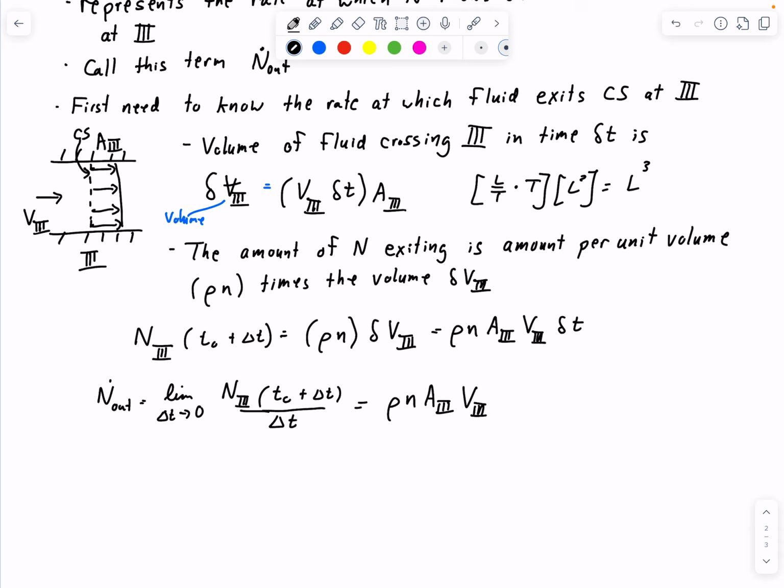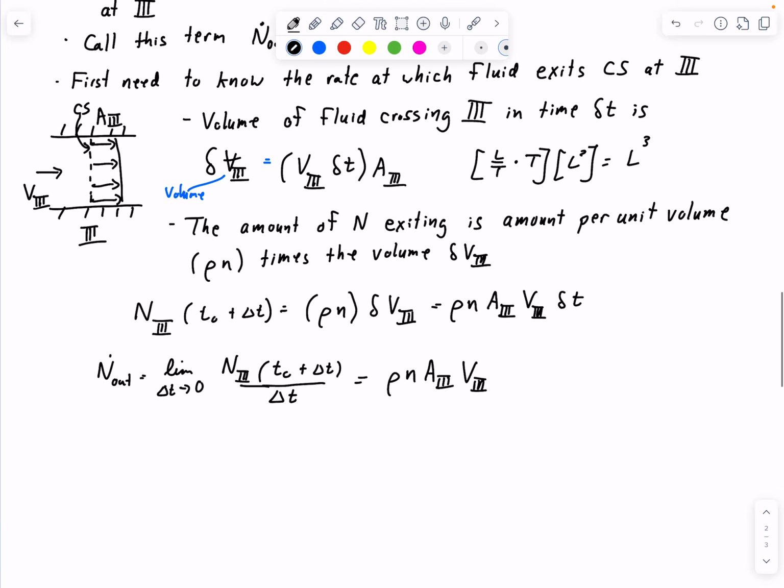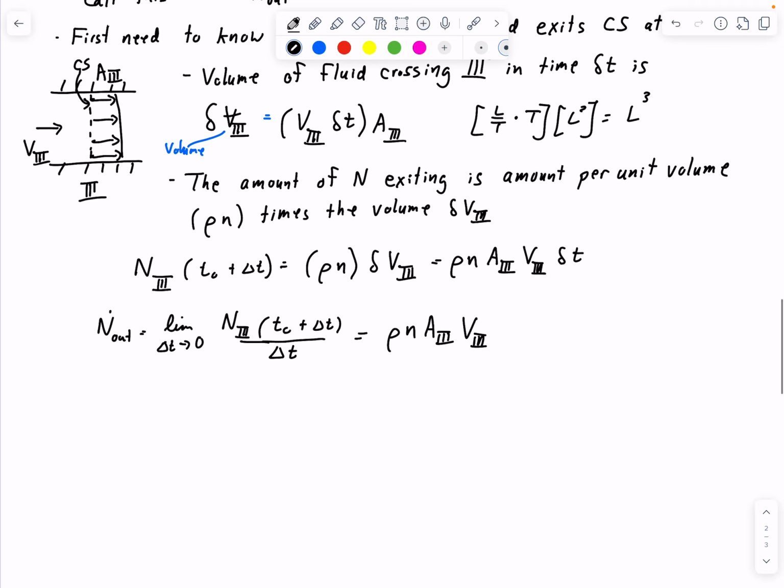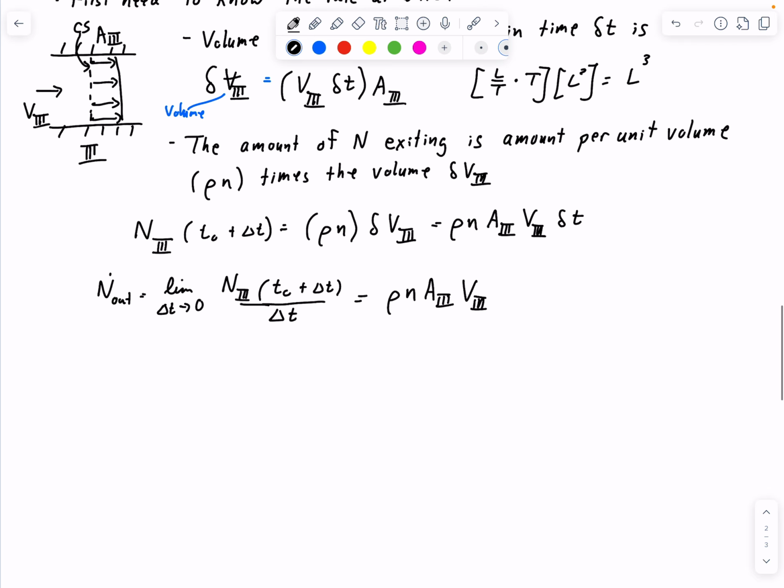So this is the rate at which your extensive property is crossing that boundary or that control surface. And that is for surface 3, which is for fluid and that property exiting your control volume. Now you can do the same analysis.